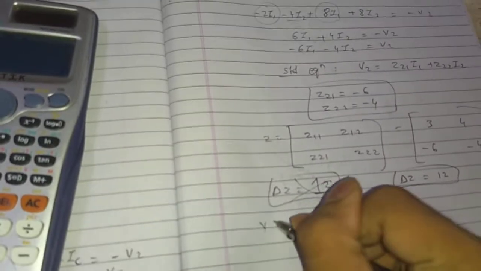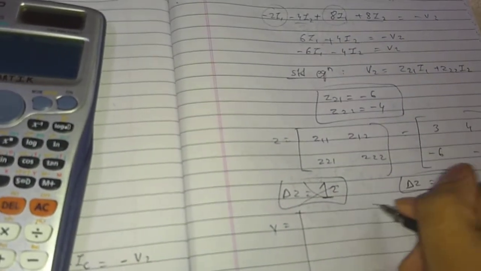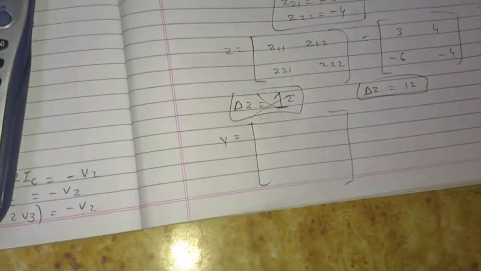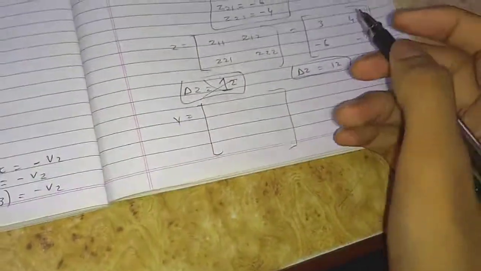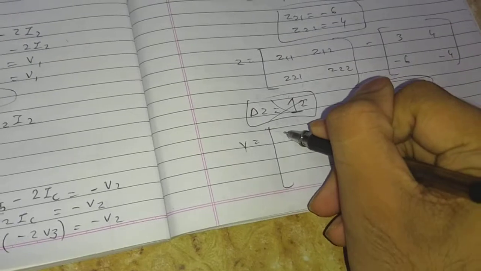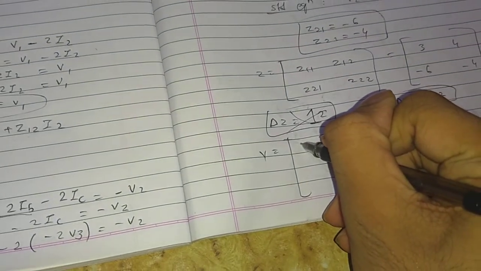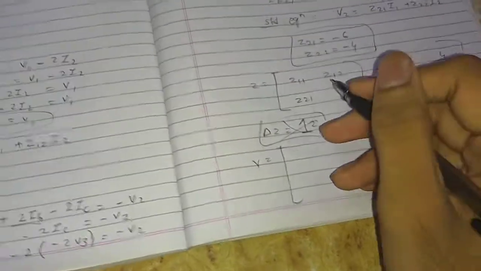Y parameter formula, I will write it. If you don't know how to remember this, I have made a dedicated video on how to get the y parameter. Okay, so let me just write the y parameter formula.